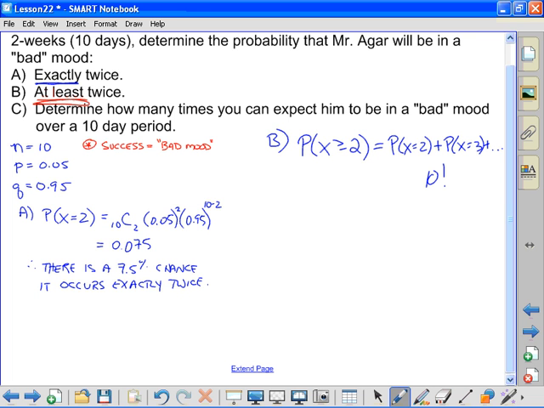Not really what we want to do because that's a lot of work. So let's look at it the opposite direction. Let's try indirect. So doing the opposite. So we know that the probability adds up to 100%. So the probability of it being at least 2 would be equal to 1 minus the opposite, the probability of it being less than 2, and not equal to, just less than 2.